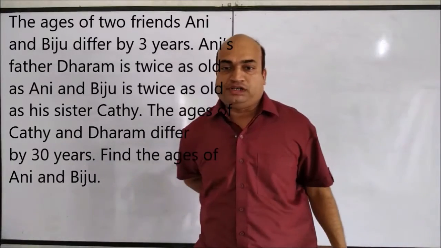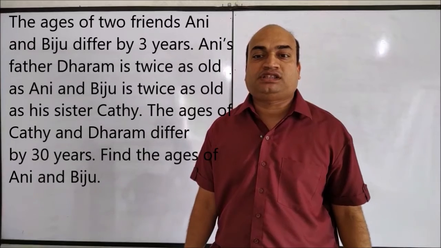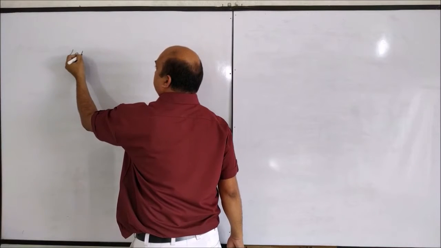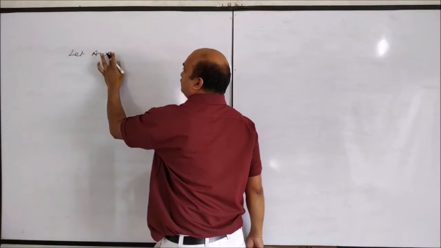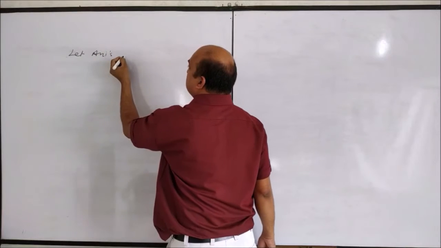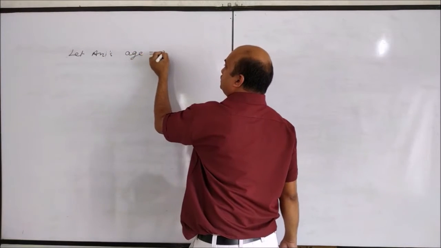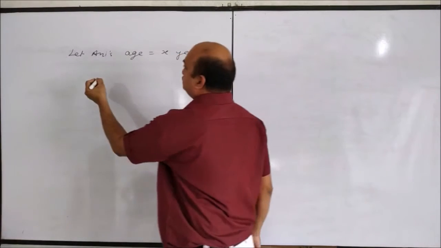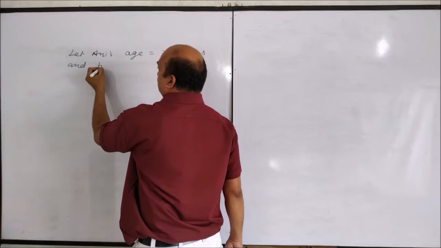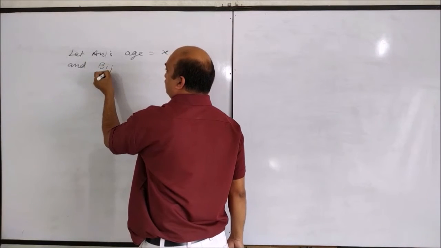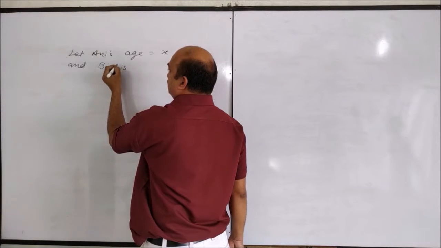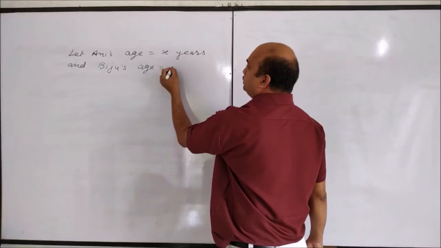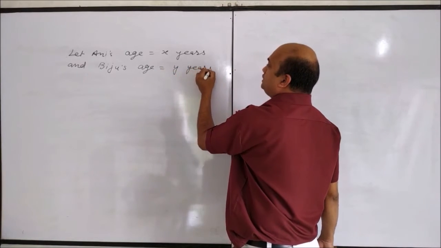The age of two friends, Annie and Biju, differ by 3 years. We will consider, let Annie's age be x years and Biju's age be y years.